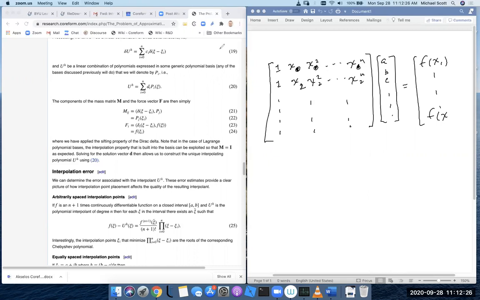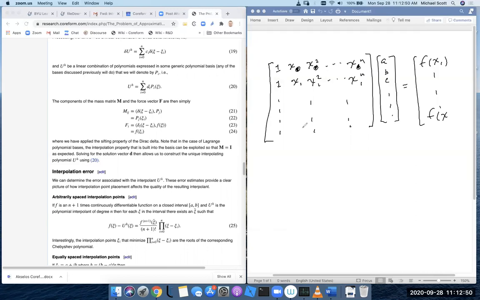Keep me straight here. So wouldn't you only need the number of equations for how many coefficients you have? You wouldn't need the number of equations for how many data points you have. Unless, yeah, if you have n plus 1 unknowns, you need n plus 1 equations.